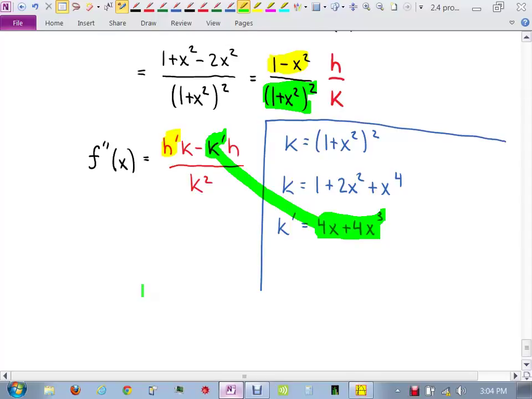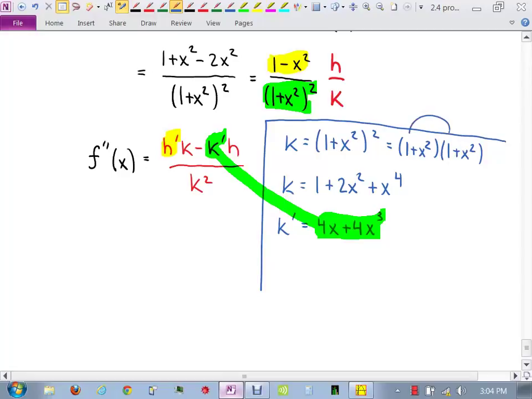Do y'all get that or not? Ask me a question if you don't. Okay, I did this right here. This is equal to 1 plus x squared times 1 plus x squared.